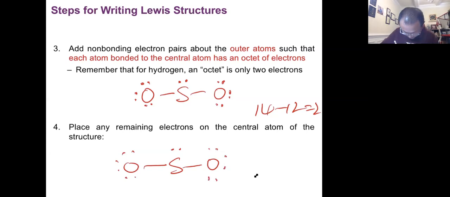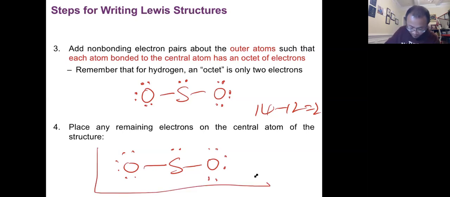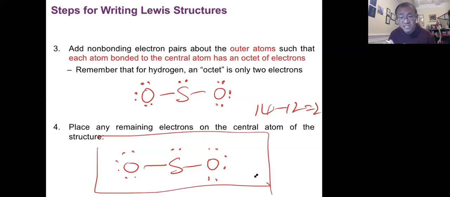Questions, guys? Okay, let me ask you a question. Look at the structure here. I put in the rectangle. Do you see 18 electrons here? We have a total of 18. Remember, we started with 18.